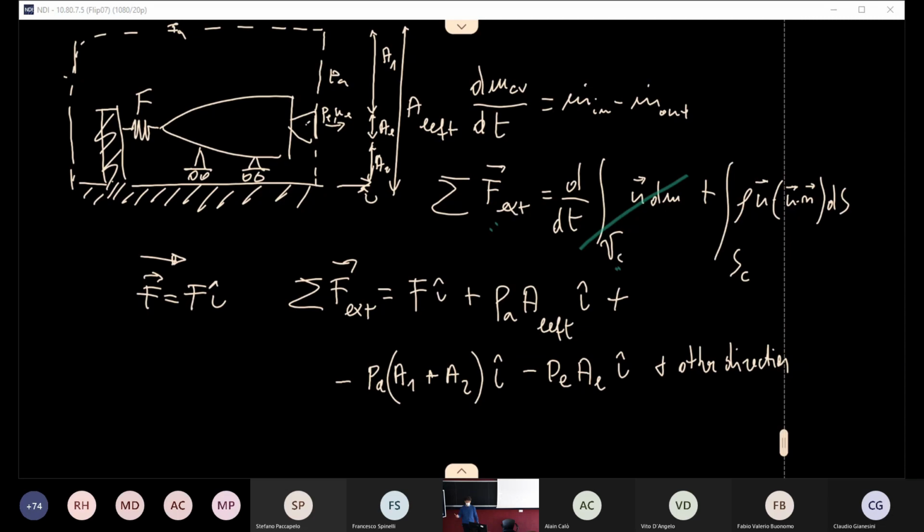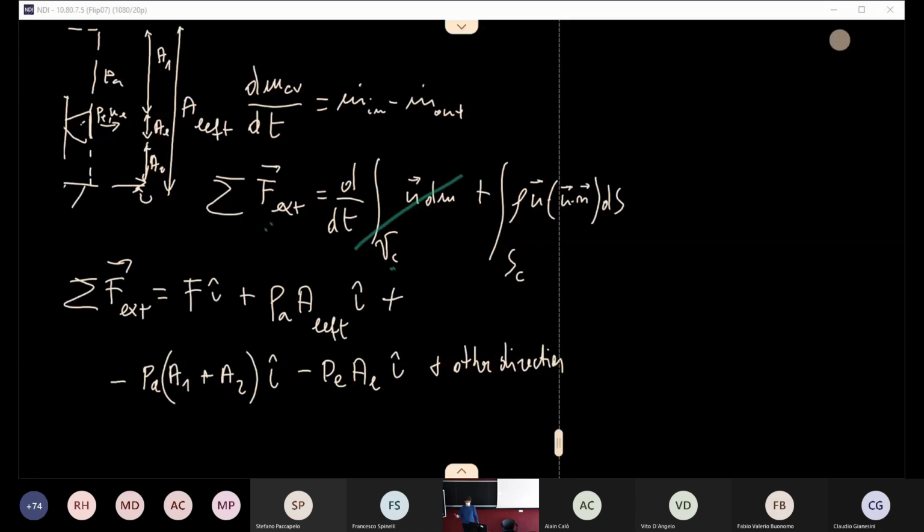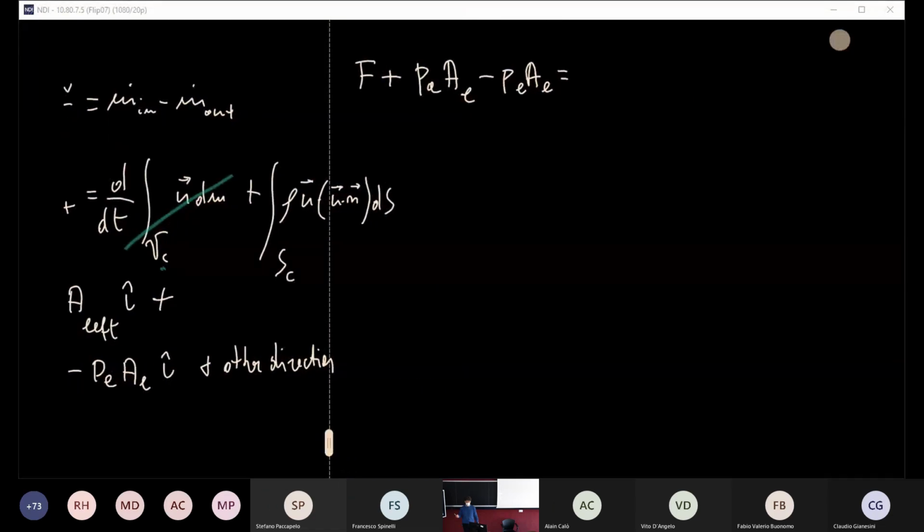So at the end, we have that this sum of external forces is F plus, if I consider A left minus A1 minus A2, we have AE, and PE must be equal to this one.